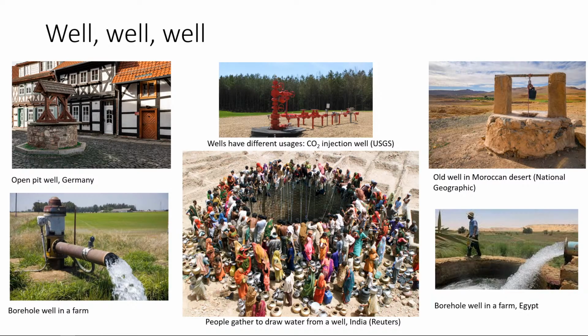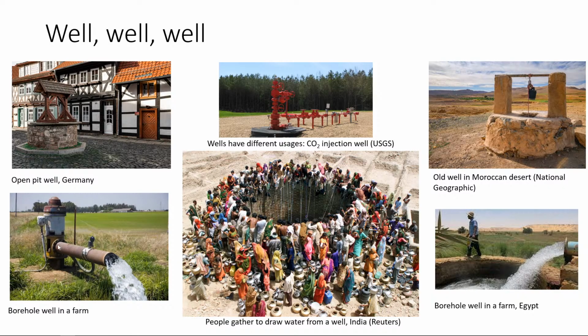So you see here, these are different types of wells. They look very different, and they also look very similar. Here you see a borehole well. This is a borehole well in a farm, and this farm is, I don't know where, probably somewhere in either North America or South America.